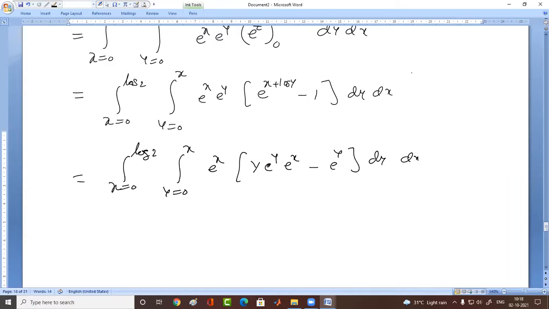Here observe: e power x plus log y can be written as e power x into e power log y. E and log are opposite functions, that's why you will get y into e power x. And multiplying with e power y, here e power y, and also here e power y.